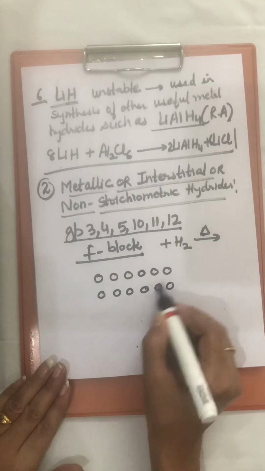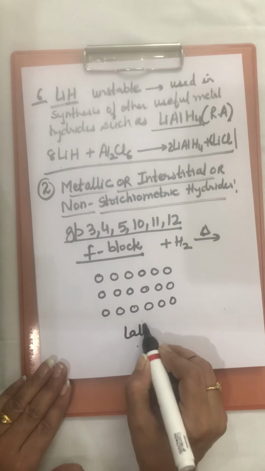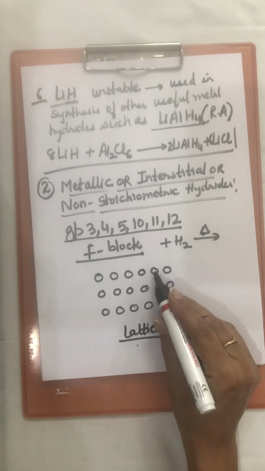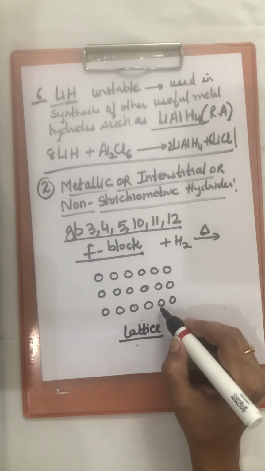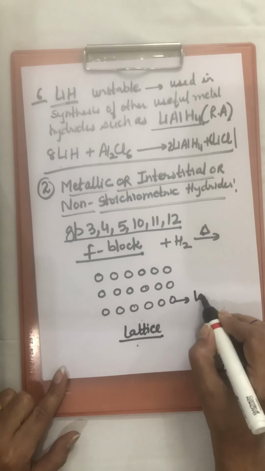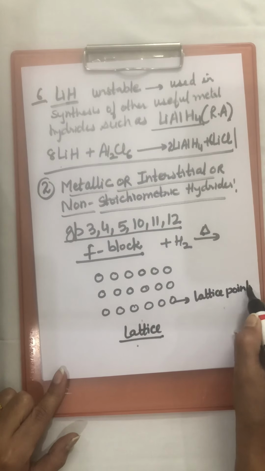And this structure of metal is called lattice. So the metal atoms are occupying these points. Where metal atoms are present, those points are called lattice points.